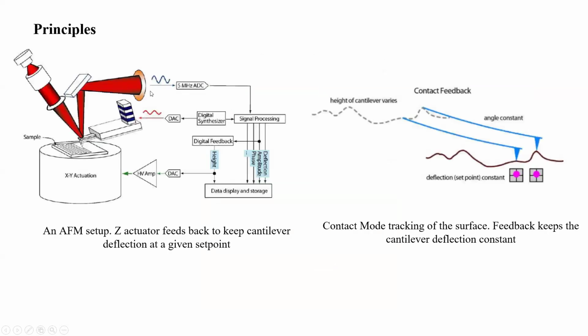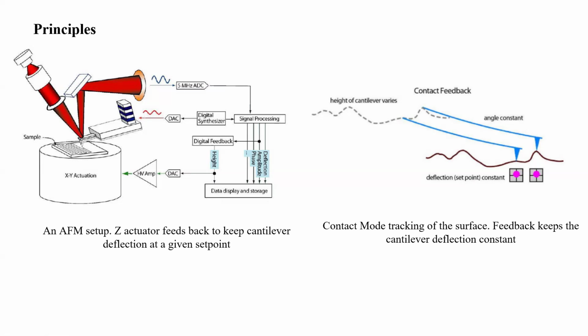Okay, so overall, the setup of an AFM somewhat looks like this. The interaction between the tip and the sample surface, which is placed on a movable platform, generates change in the oscillatory behavior of the cantilever, causing a small phase difference, which then causes the deflection to occur.